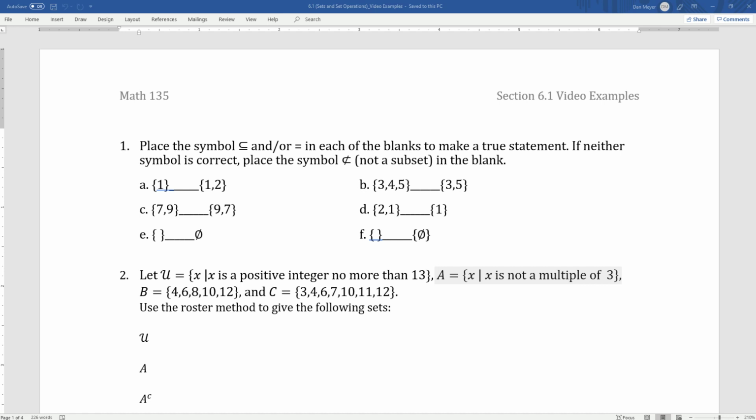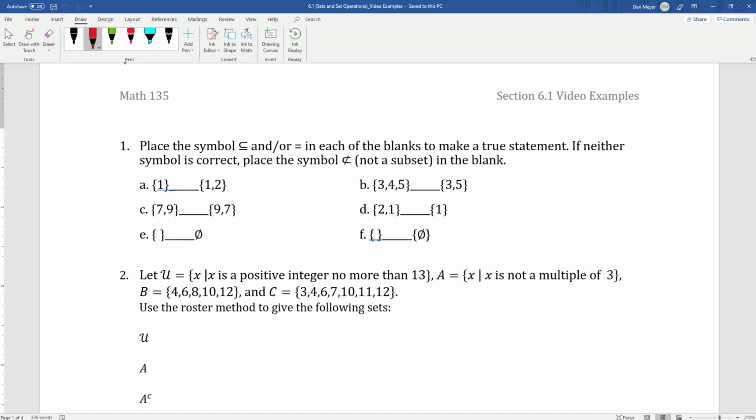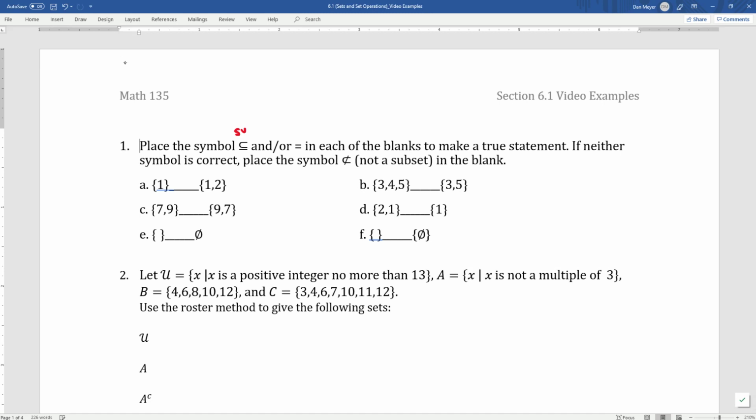Looking at this first one, we're trying to understand the distinction between the notions of subset. Remember this symbol means subset. So understand the subset relation between sets.